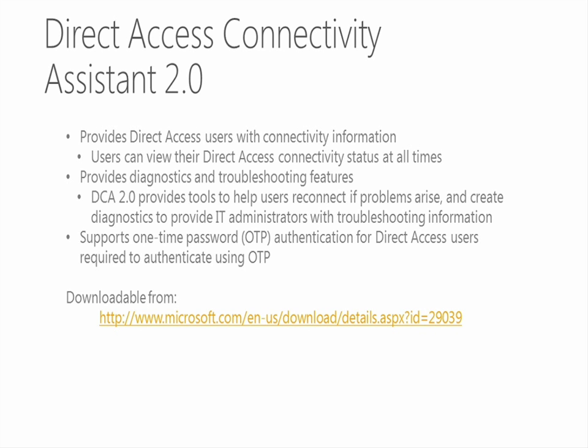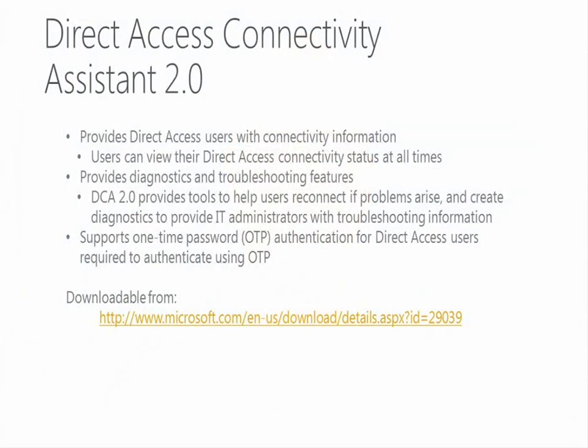So for example, if your health status becomes out of date, it allows them to remediate these problems, get an update, get the right patch, so they can get a health certificate again and connect back to the network. It supports one-time password authentication, as direct access users may require authentication using one-time password capabilities. This is a downloadable item, so here you can see the link on Microsoft.com to download the DirectAccess Connectivity Assistant 2.0.